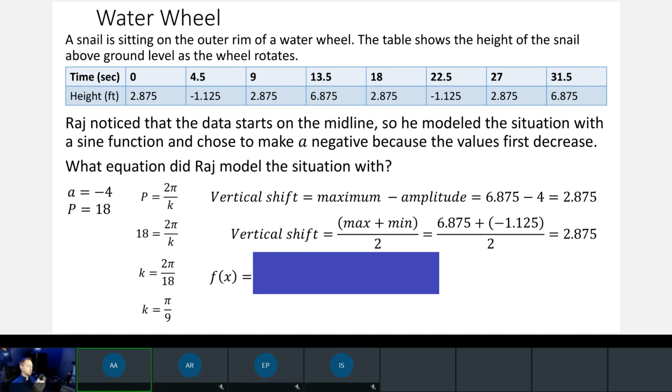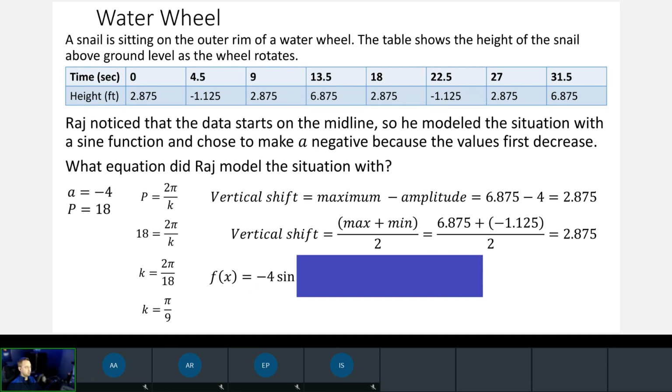Okay, I got you. So I should have actually put positive 4 on this page, but when you actually wrote the problem out, let me move my little box, it's negative 4 sine. So it's a good point.